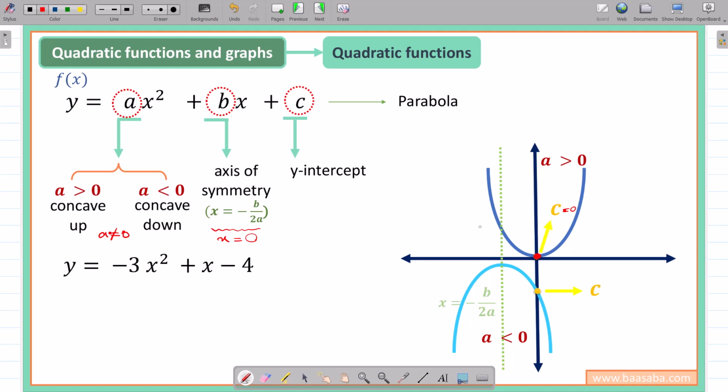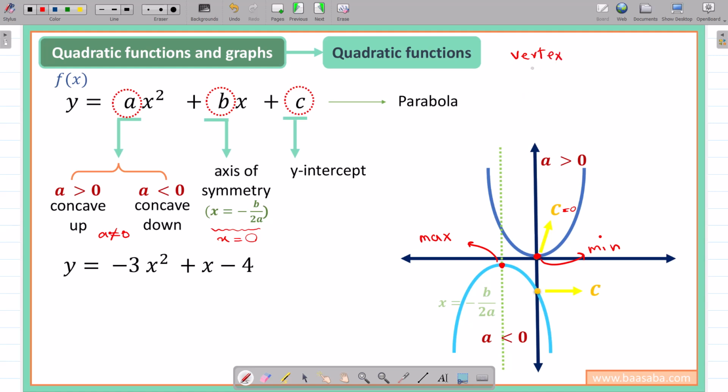Another thing to know about a quadratic function is the vertex of a function. When a quadratic graph is concave up, it has a minimum amount. And when it's concave down, it has a maximum amount. To find the minimum and maximum, we have to find the vertex of our quadratic function.